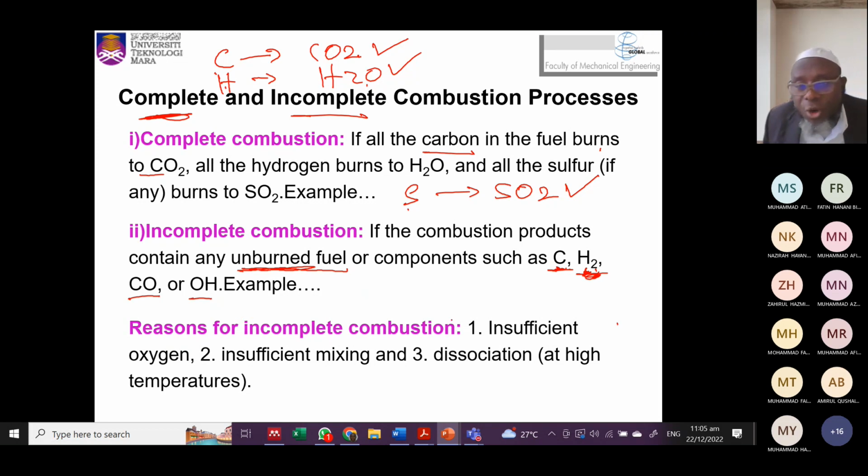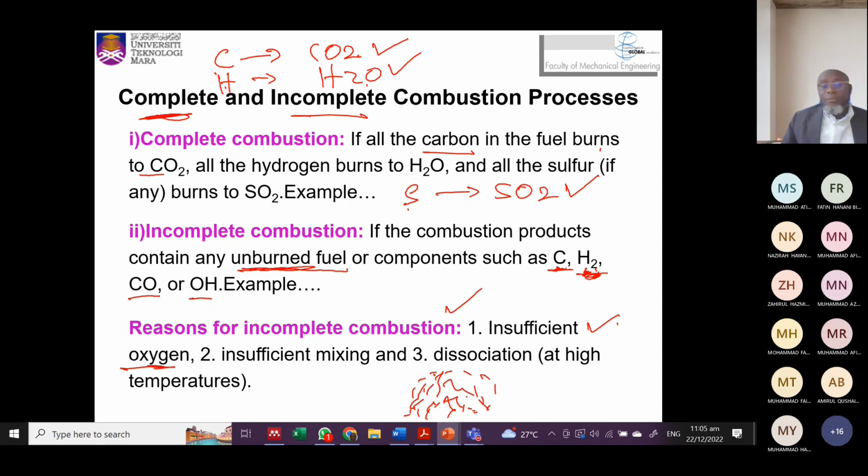So the reasons for incomplete combustion, we can ask you in exams. One of them is insufficient what? Oxygen. Sometimes you pile up some firewood and set it on fire.